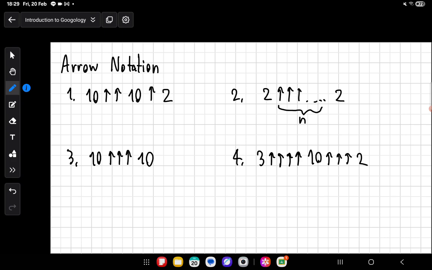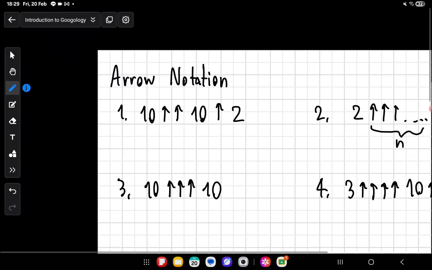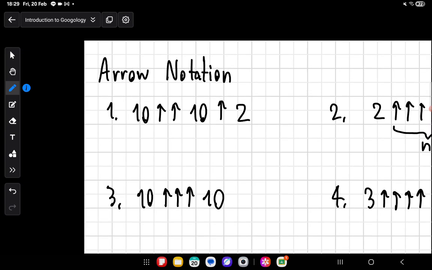If you've paused the video already and made your decisions on your answer for each question, let's go over them now. First off, 10 double arrow 10 singular arrow 2. We can break it down. Start by calculating from left to right. 10 double arrow 10 is 10 to the power of itself 10 times, right?